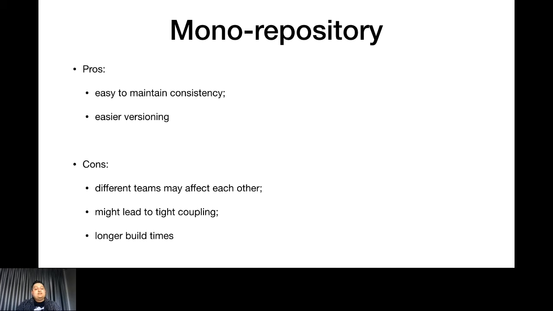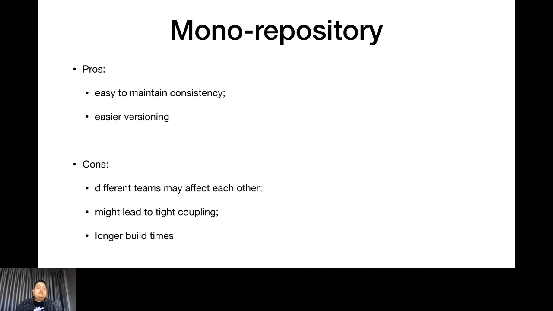The disadvantage here is that different teams may affect each other. Let's imagine that one team breaks something that stops the CI from running. Then the other teams are affected by that as well.